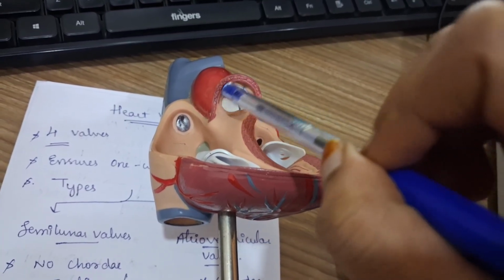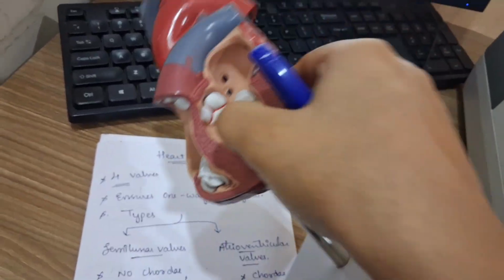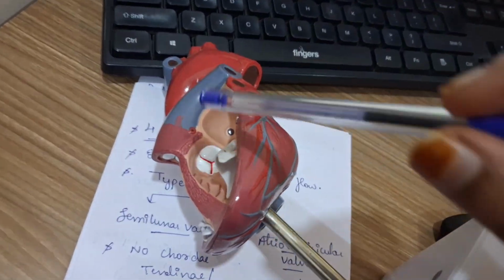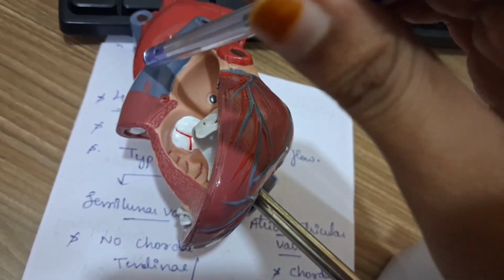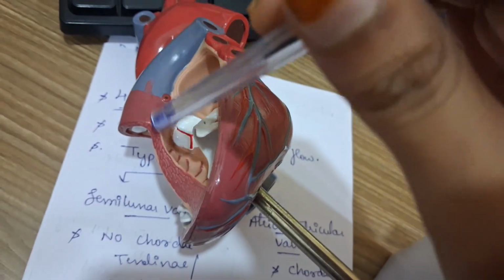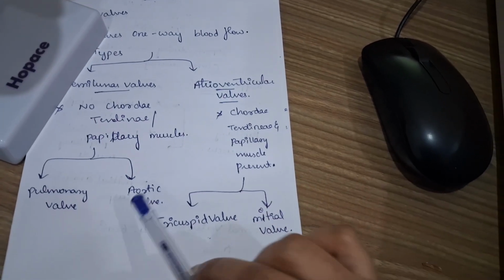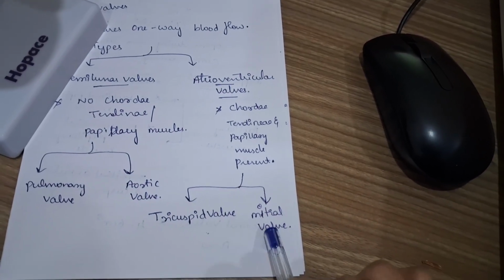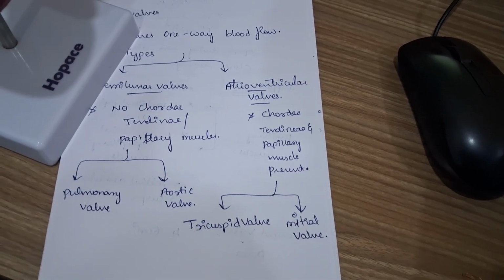Semilunar means half-moon shaped. Then the aortic valve is present near the left ventricle and the aorta. The aortic valve and the pulmonary valve are the 2 types of semilunar valve. The tricuspid valve and the mitral valve are the 2 types of atrioventricular valve.